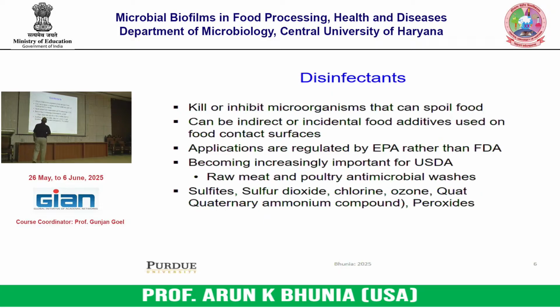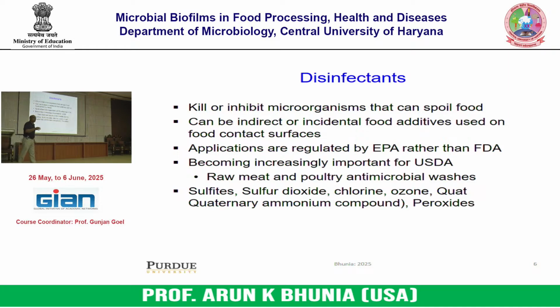In the food industry, disinfectants kill or inhibit microorganisms that can spoil food. They can be indirect or incidental food additives used on food contact surfaces. Applications are regulated by EPA, so you cannot use disinfectants randomly. Some of them are used on raw meat or poultry, especially for surface washing.